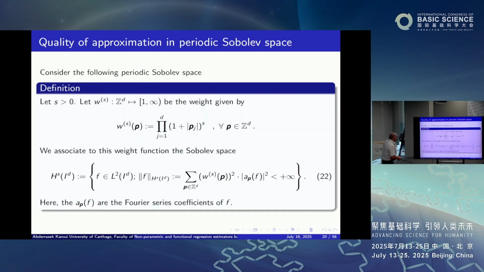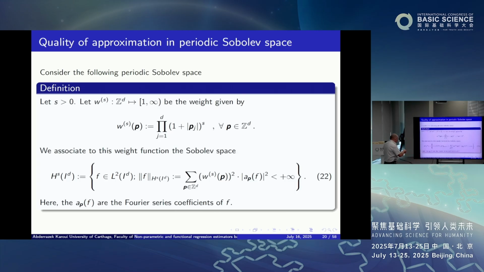Now, as I said, if one has to prove the optimal convergence rate given by Stone in 1982, Stone has a smoothness condition: the function f belongs to C^p, and the p-th derivative is continuous.